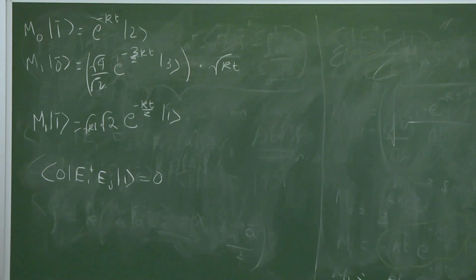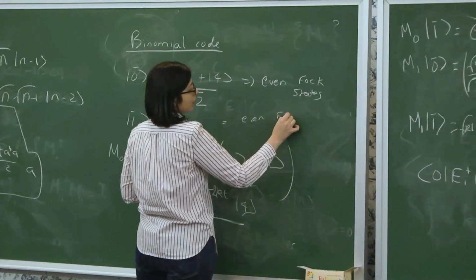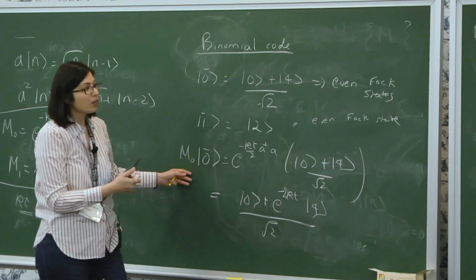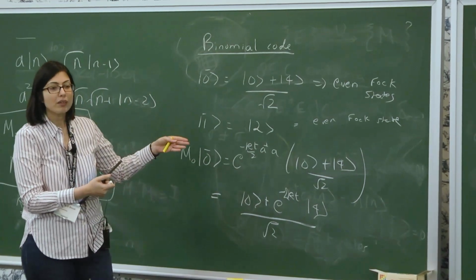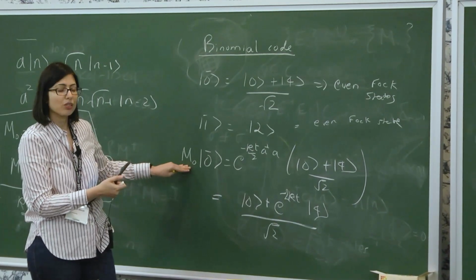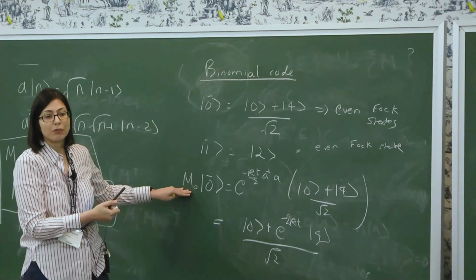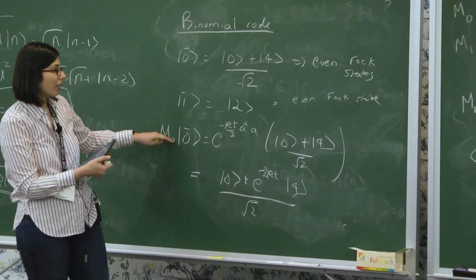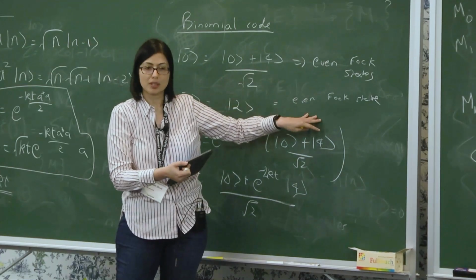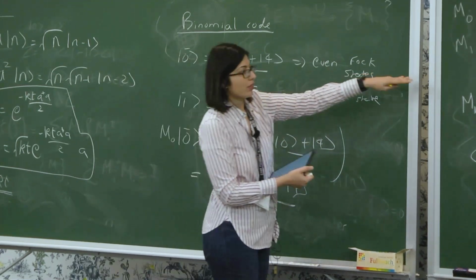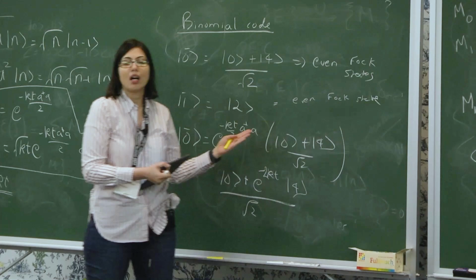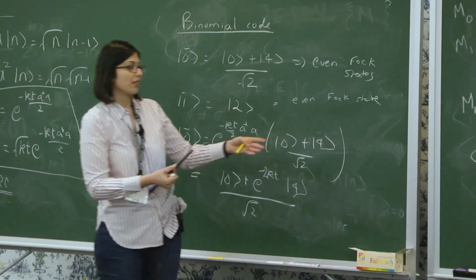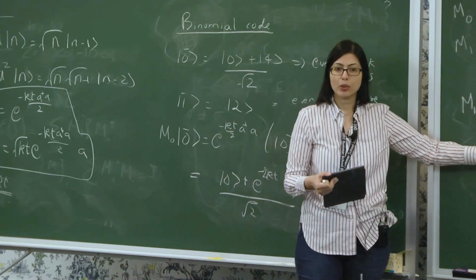Similarly, this is an even Fock state. M0 doesn't change the Fock state itself. It preserves the number, so it keeps even Fock states to even Fock states. M1, on the other hand, will change even to odd, right? So this is identically going to be equal to 0.